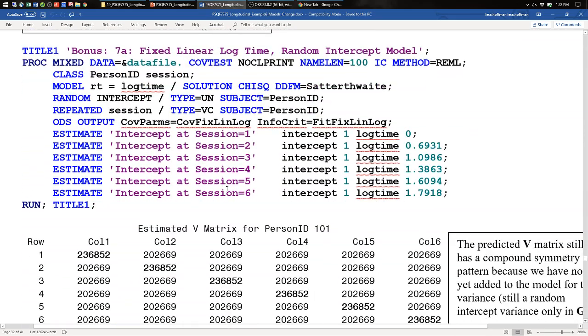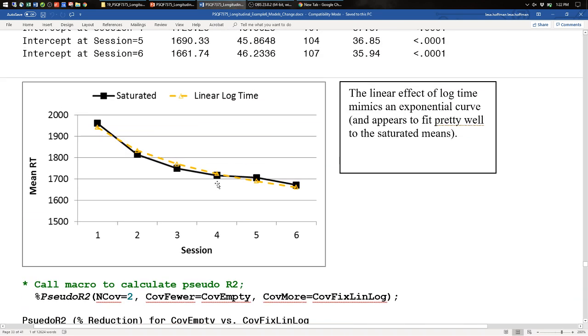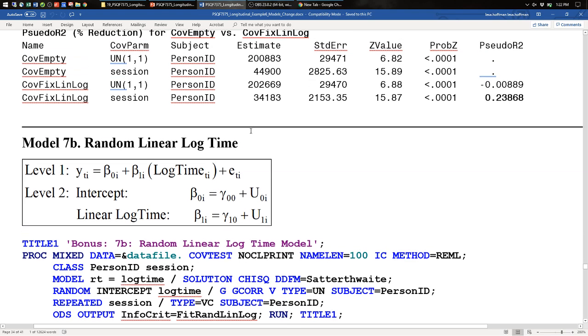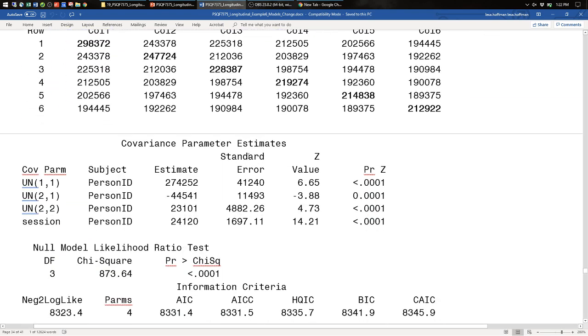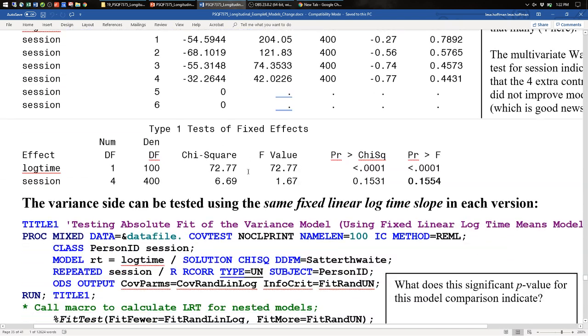that we looked at, and it would go through the same process. Here's a linear effect of log transformed time against the means. You can add a random effect, tested the absolute fit on each side.